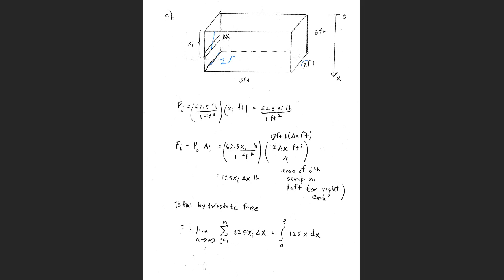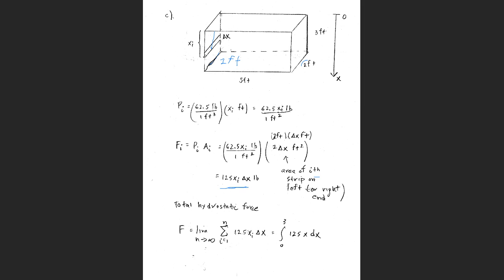This is 2 feet. So 2 feet times delta x gives you the area of that strip. And so the hydrostatic force on the ith strip is equal to 125 xi times delta x pounds.